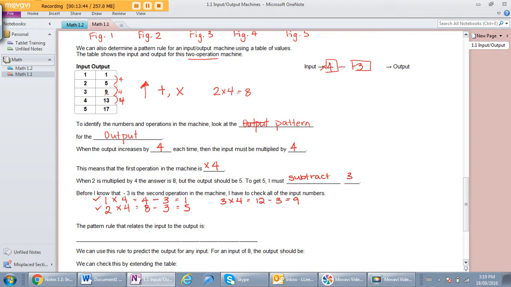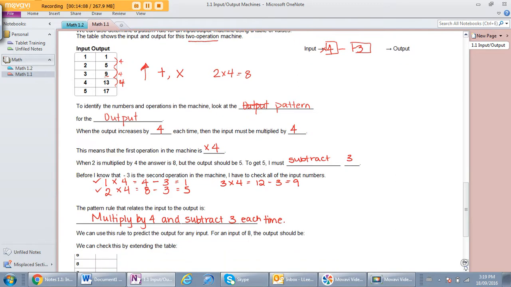So for this table of values, I need to multiply by 4 and subtract 3. So the pattern rule that relates the input to the output would be to multiply by 4 and subtract 3 each time.